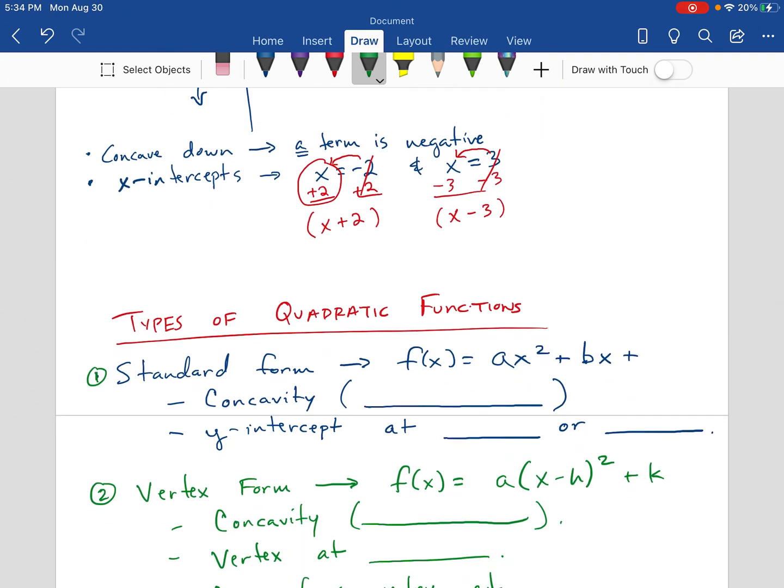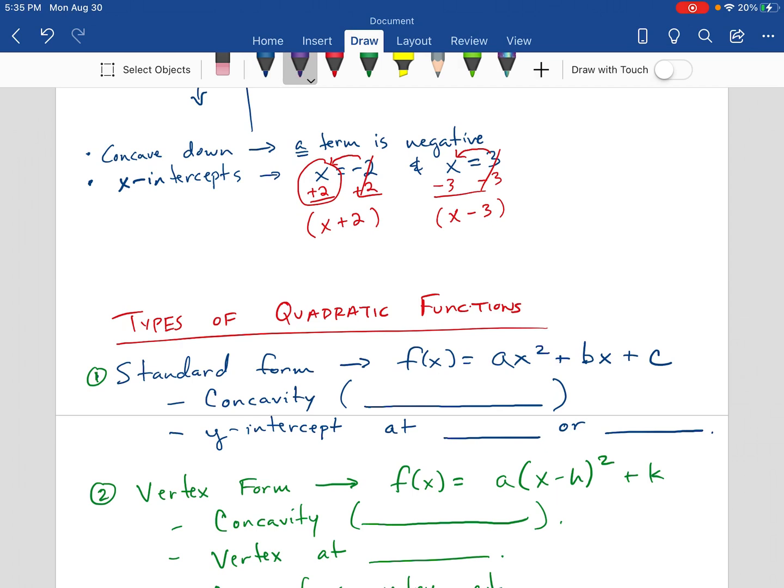Standard form looks like this, where you have f of x is equal to ax squared plus bx plus c. Now when you are looking at standard form, it gives you 2 pieces of important information. The first one is the concavity.